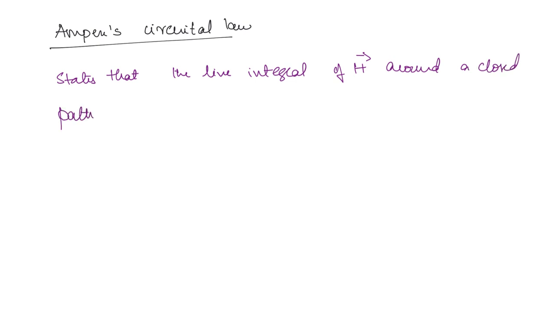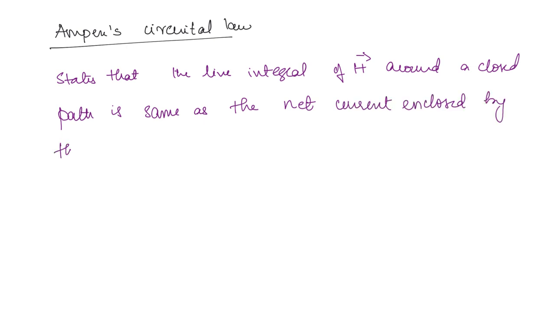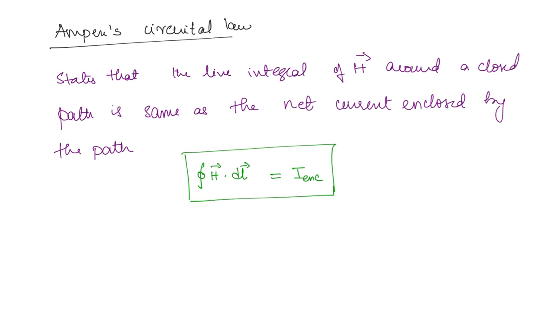Around a closed path is the same as the net current enclosed by the path. So the integral of H bar dot dl bar, the closed line integral, right? Whenever you put a circle on the integral, it means it is the integral around a closed path. This is equal to the enclosed current. So this is the mathematical expression.